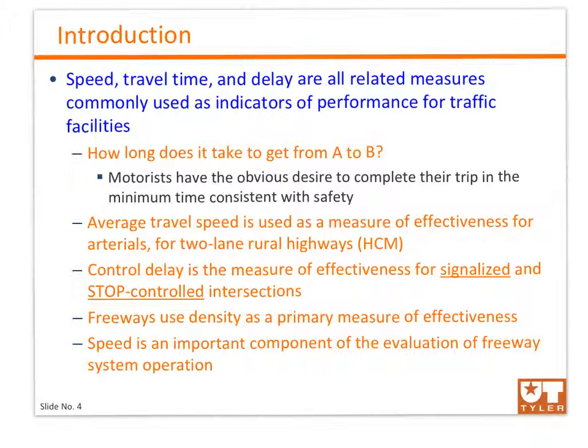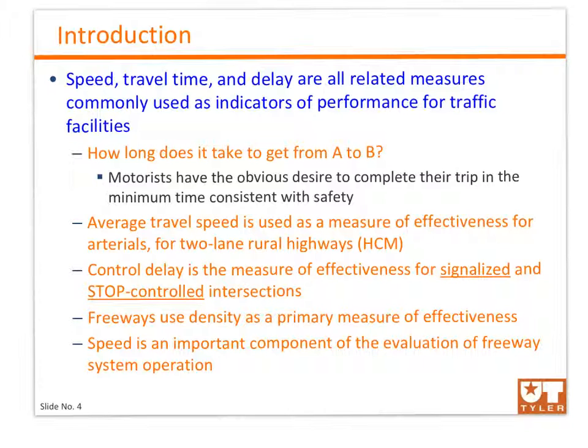Average travel speed is used as a measure of effectiveness for arterials and for two-lane rural highways as well. When it comes to delay, control delay is simply a measure of the effectiveness of signalized and stop-controlled intersections. Those are the two major spots where we have signals or stop control, to see the effectiveness of a delay.